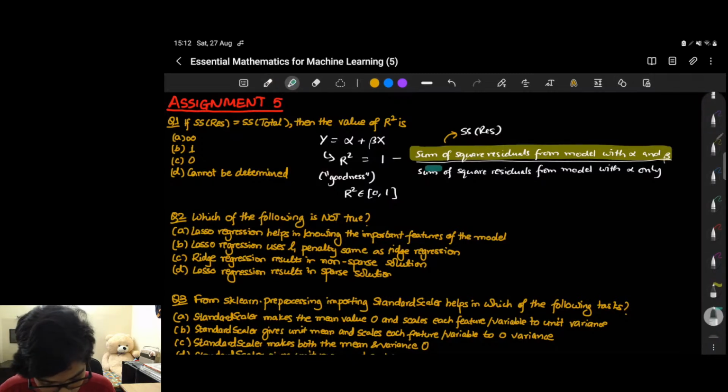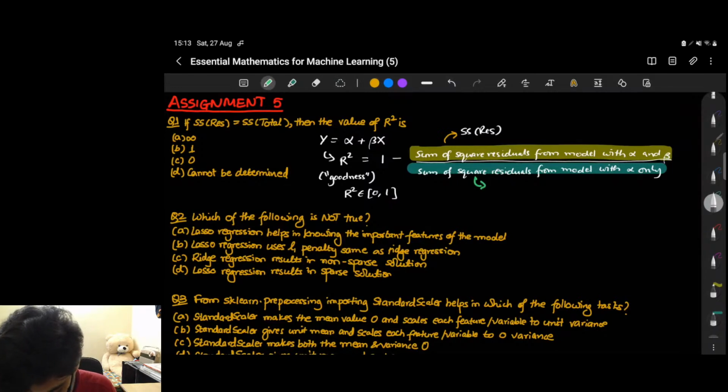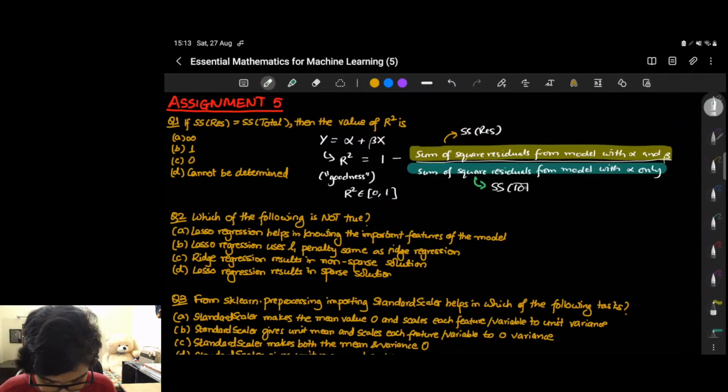And this denominator is what is given as SS total, the sum of squares of the total residuals. That is what they mean when they write this SS. It's just the short form technical jargon that they are using.